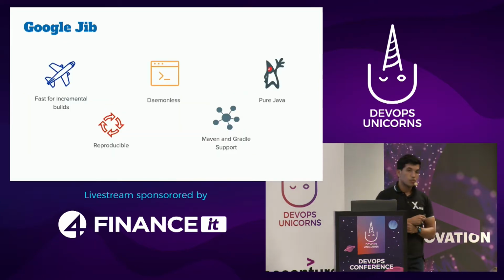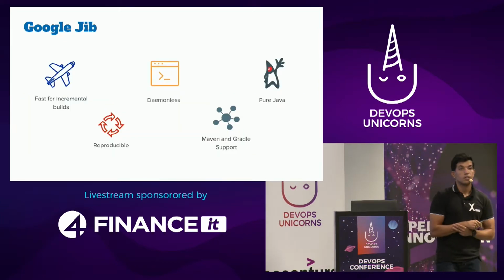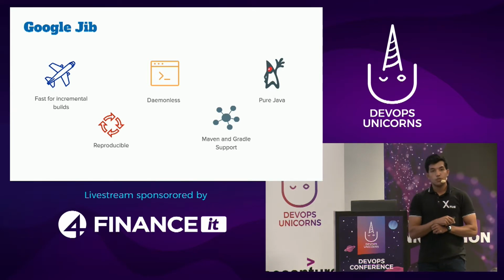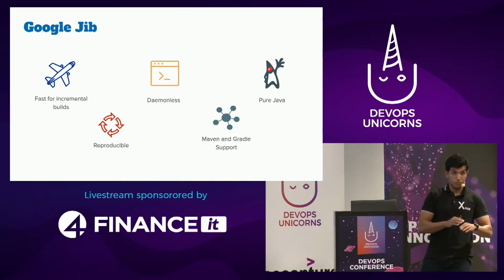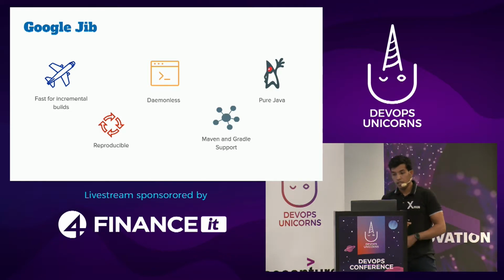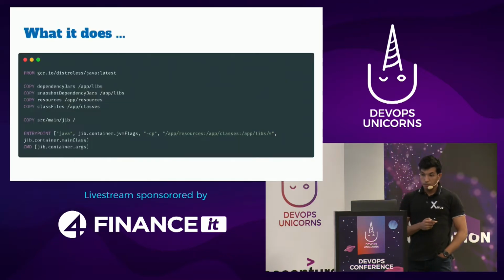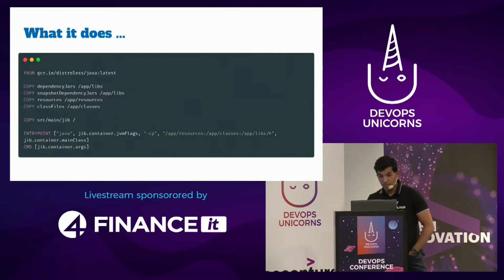And another cool project exists, this time from Google. It's called Google Jib. Jib is an open source pure Java library that's available both in Maven and Gradle. It enables us to generate Docker images without the need of a Dockerfile, and even without the need to have a Docker daemon installed on our machine. What Jib basically does is somewhat similar to a Dockerfile.